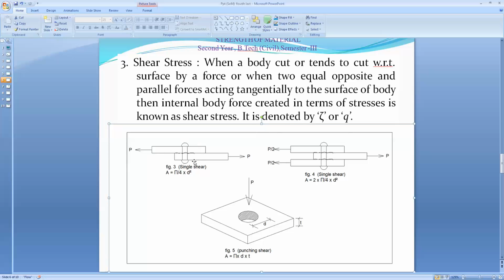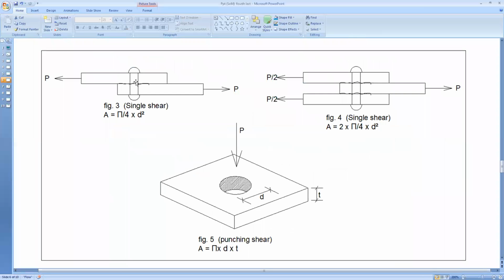When an excessive amount of P is created, cracks occur in the rivet. I indicate in the figure that this is the crack which cuts or tries to cut the rivet.